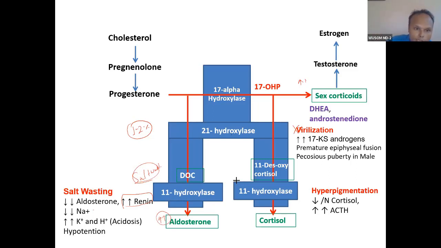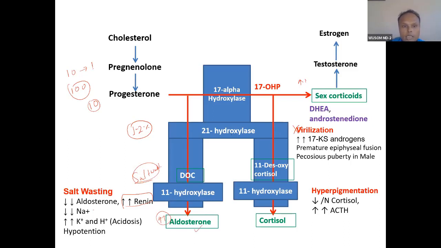Let's say there were 10 cells before. These cells become 100, and 10 cells will be forming this one, so ultimately there will be formation of the normal amount. This is how adrenal hyperplasia compensates for normal aldosterone.